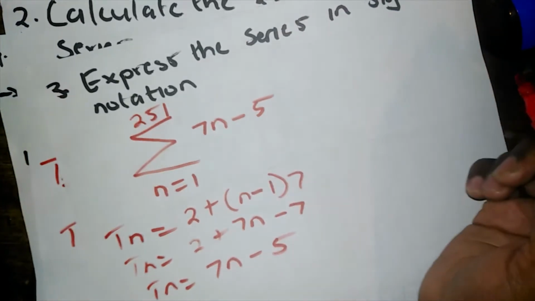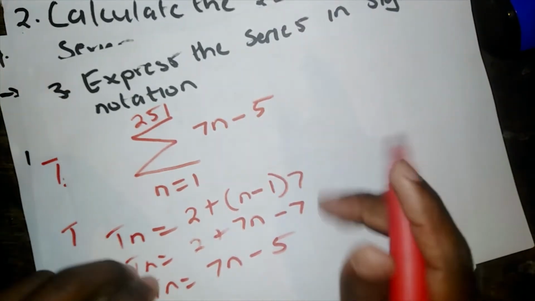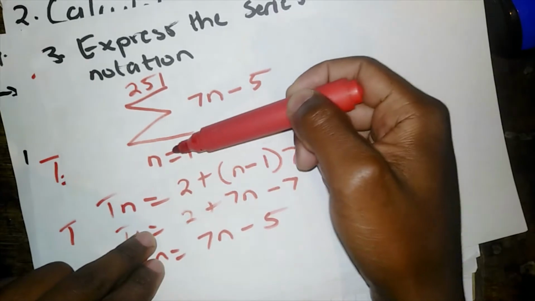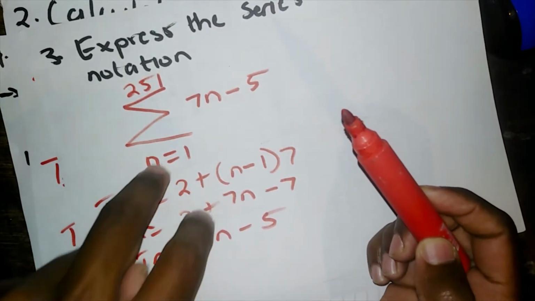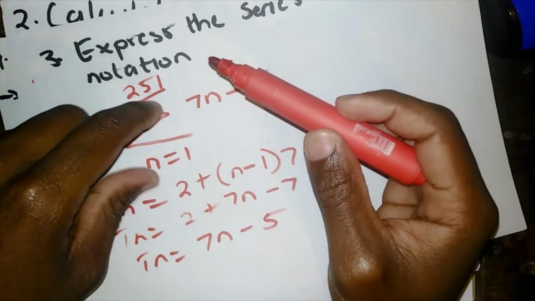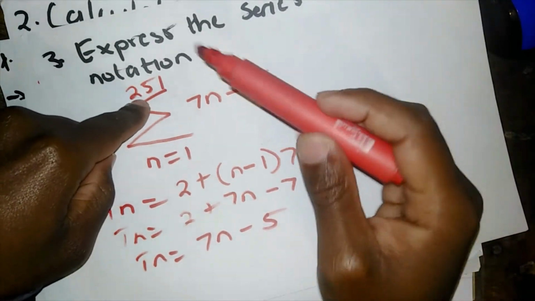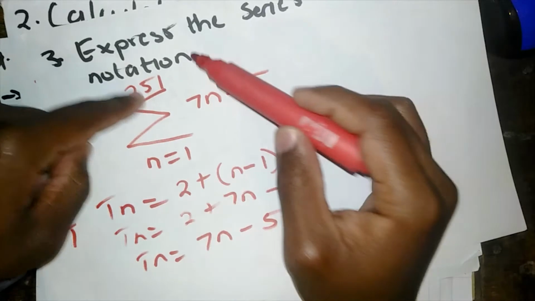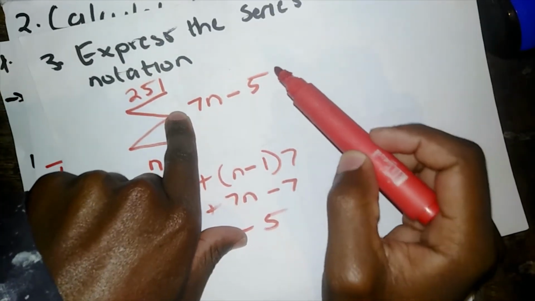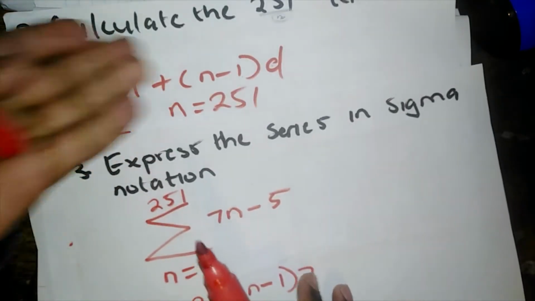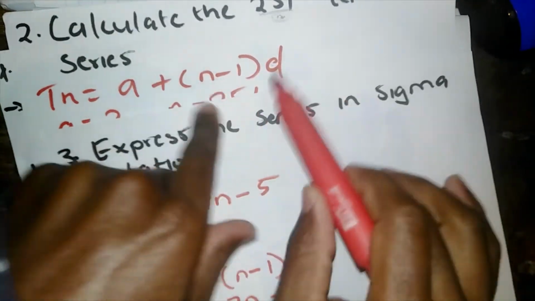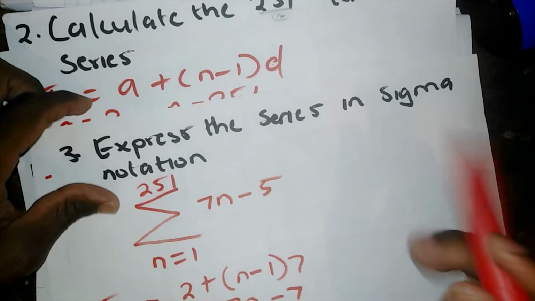Then we're done. What you need to understand here, guys, is that you put the first value of n here, on top you put the last value of n, and here you put the formula for the terms.